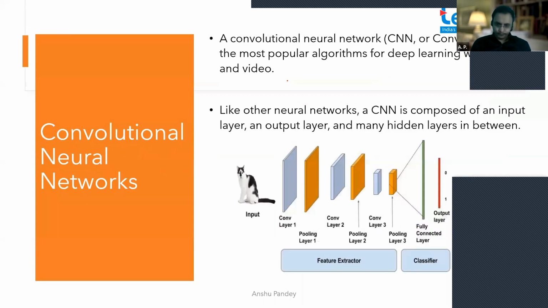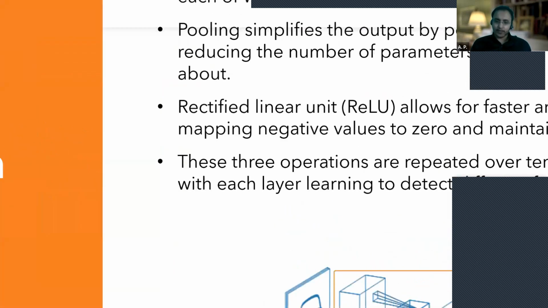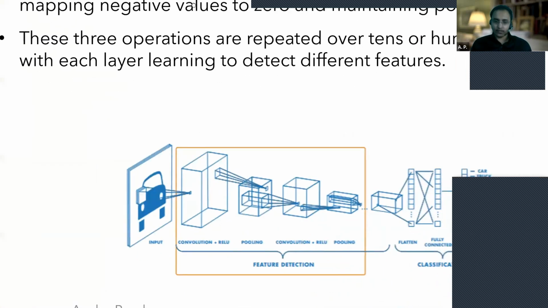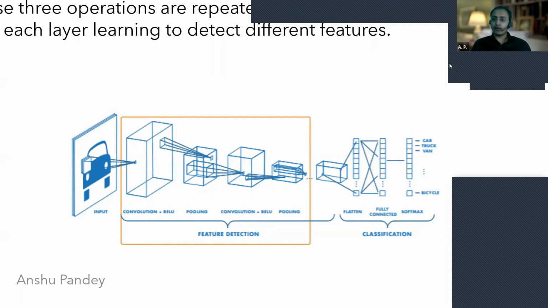A convolutional neural network can be split into two segments. You don't have the annotation option here.